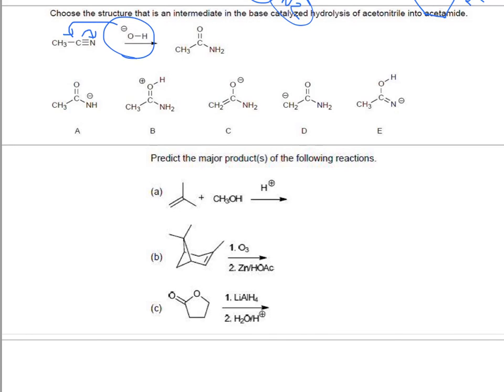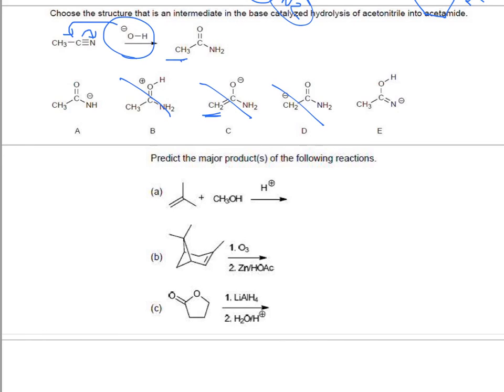So first off, species that have a positive charge, you can just omit those out completely. Further, species that are showing you resonance on the other side to give kind of like an alpha substitution type of a pattern, those can be thrown out of the window.